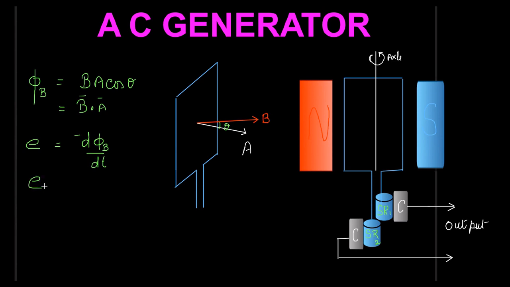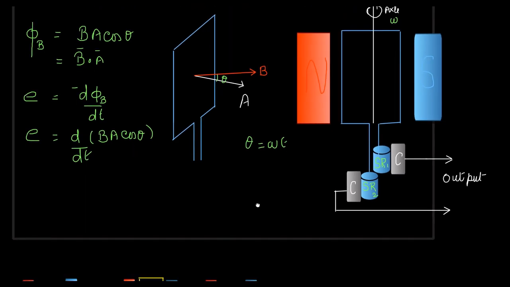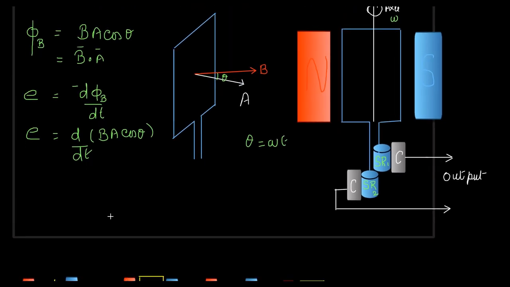So by taking the differentiation d by dt of phi B, that is B A cos theta. If omega is the angular speed of rotation of the coil, at any time t, the angle theta can be represented as omega t. Substituting, E equal to d by dt of B A cos omega t.